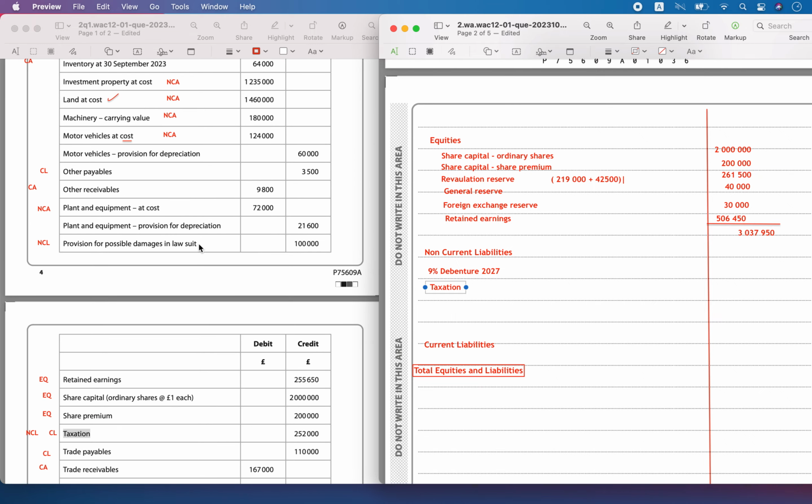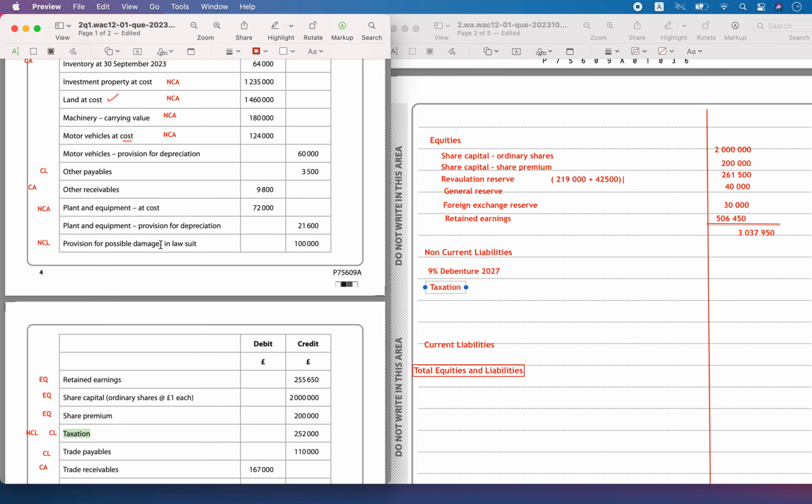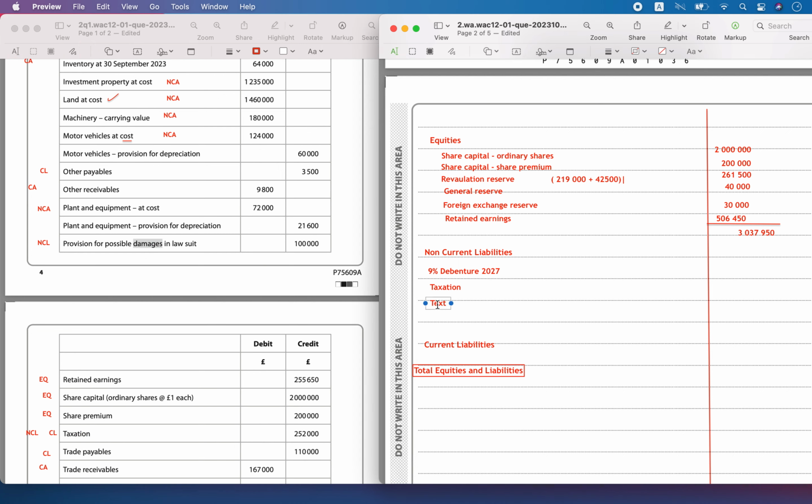And then damages payable, these possible damages.